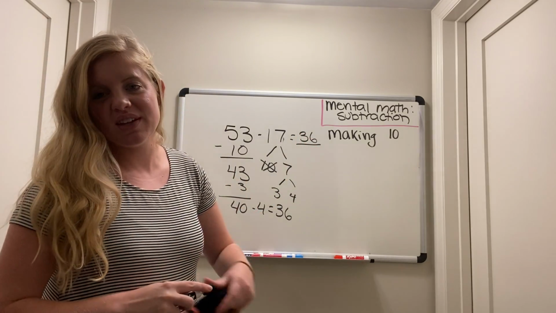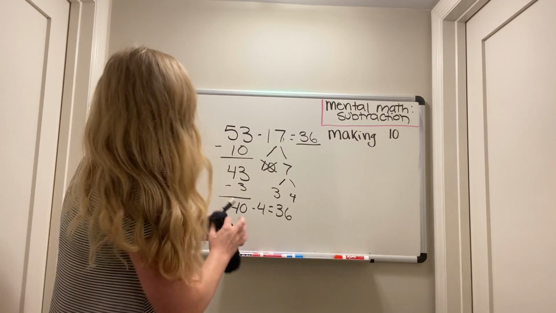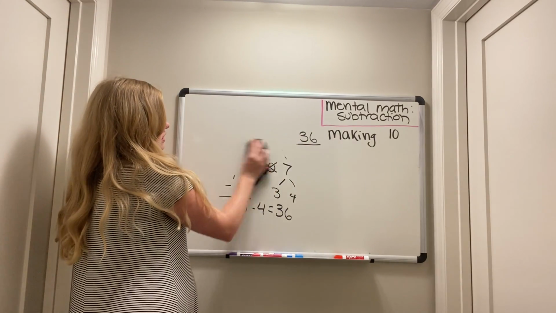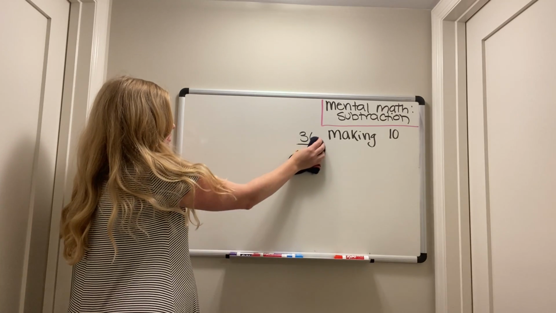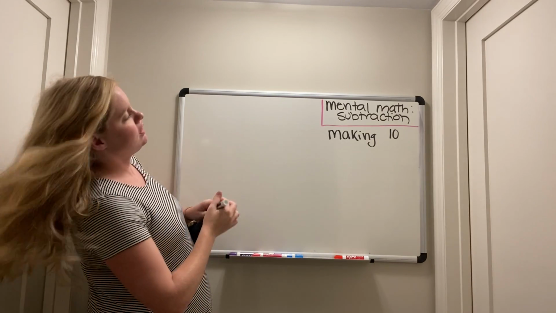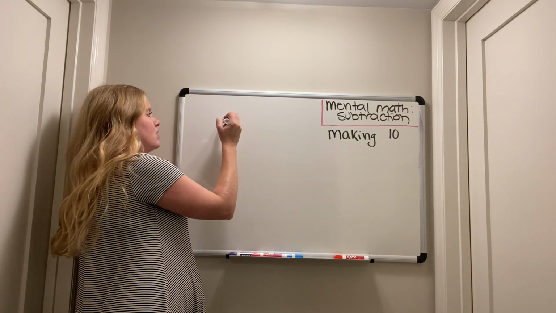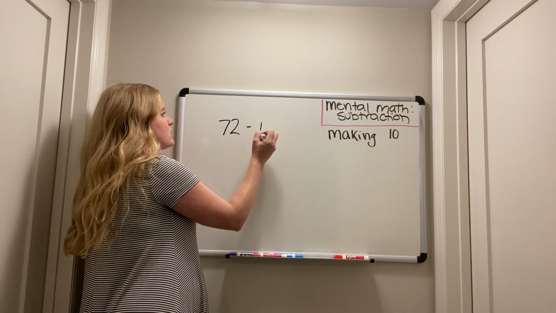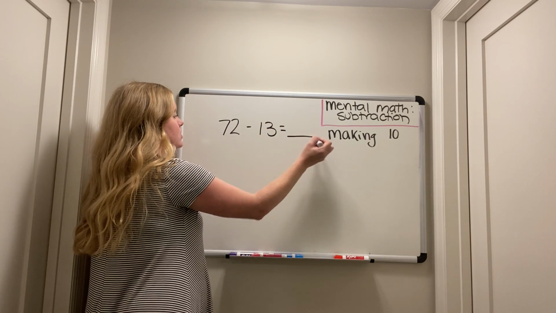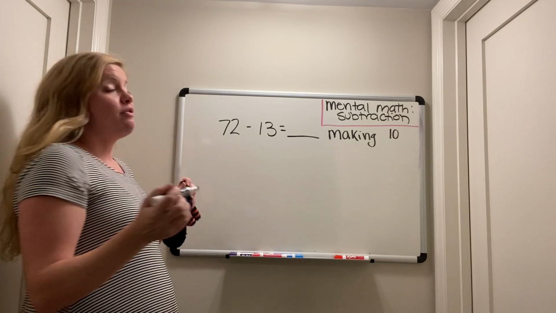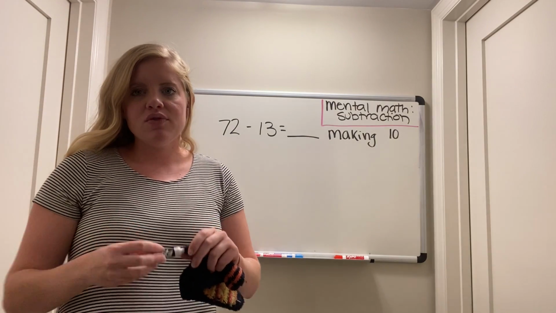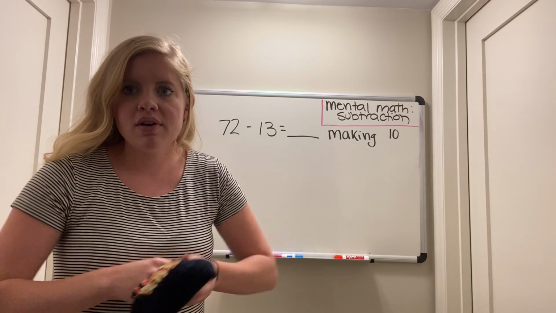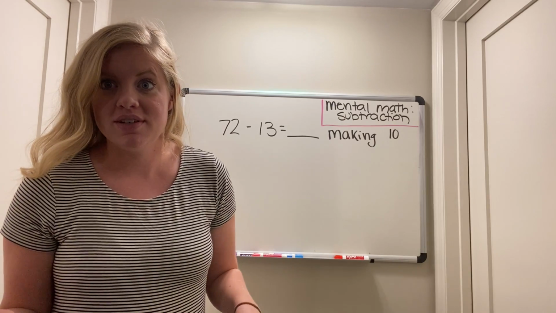Okay, so that's a little bit different, a little bit trickier when we're doing a second number. So I'm gonna have you guys try something like that. 72 minus 13 equals what? I forgot to mention that in math, every single time that you don't like a number, guess what? You can change it, okay?